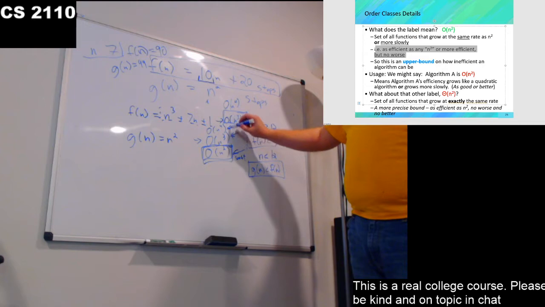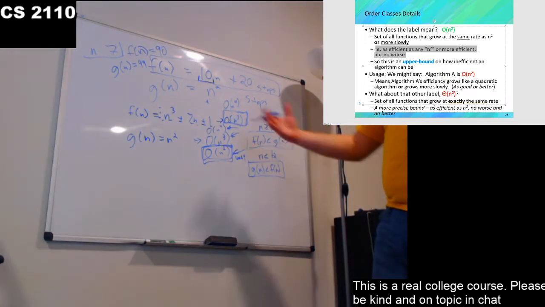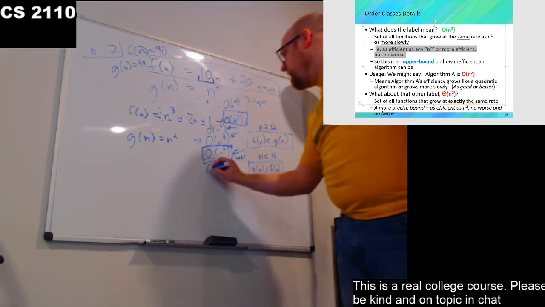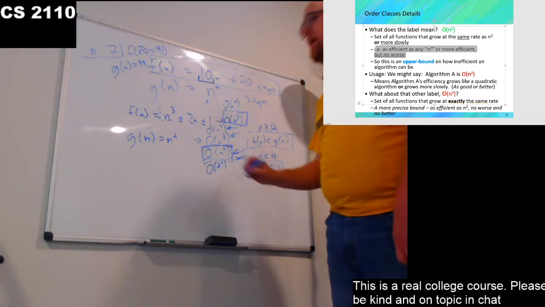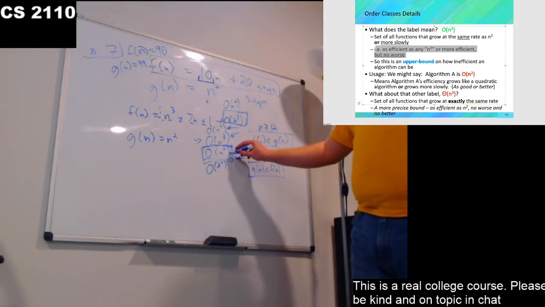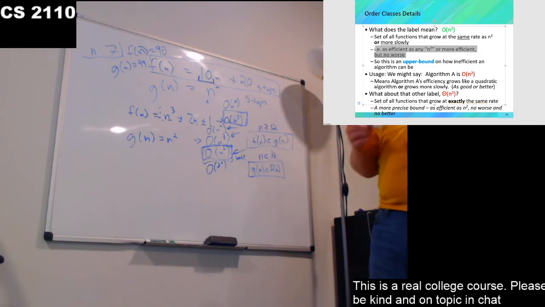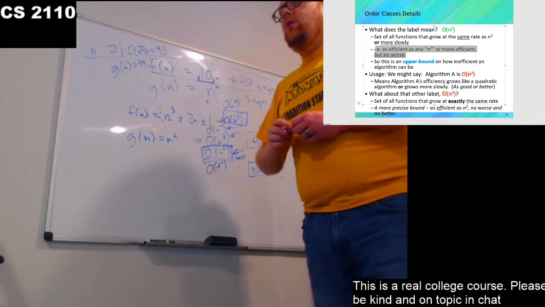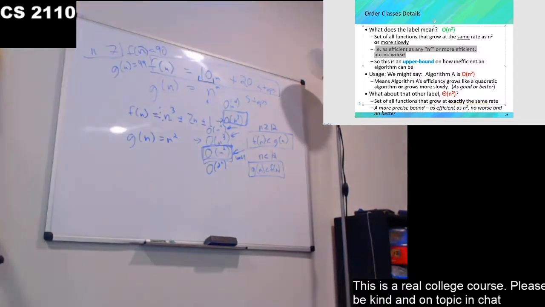All these answers are correct. And O of n to the fifth would be correct. And even O of 2 to the n would be correct. It's just that this is the best answer. This is the most tightly fitting. Why is it not the only answer? For the same reason I just said.